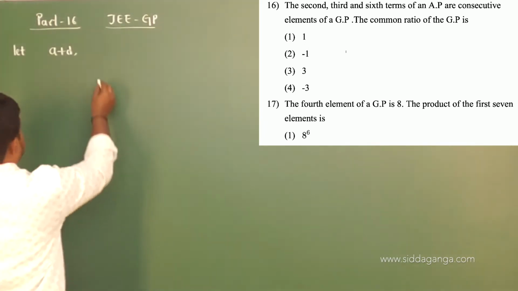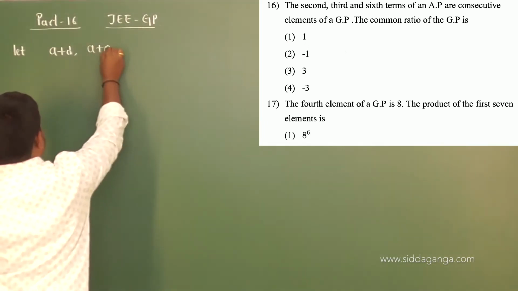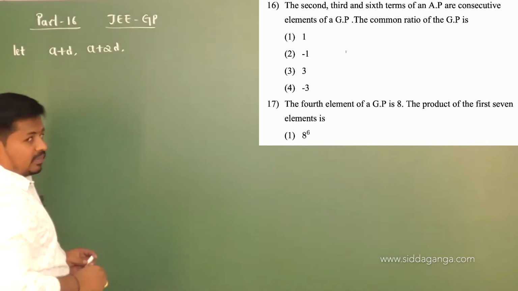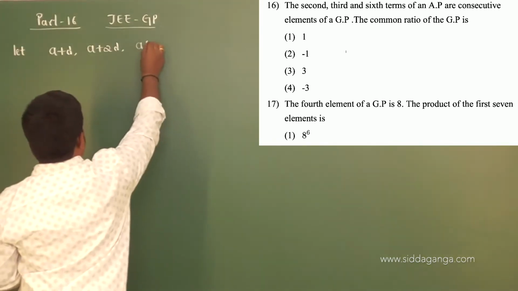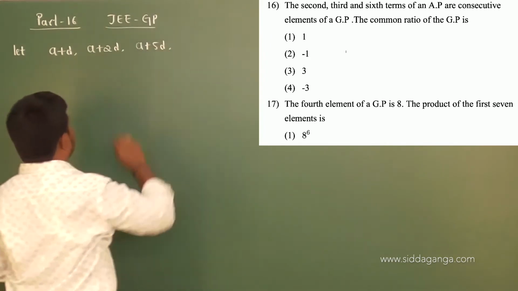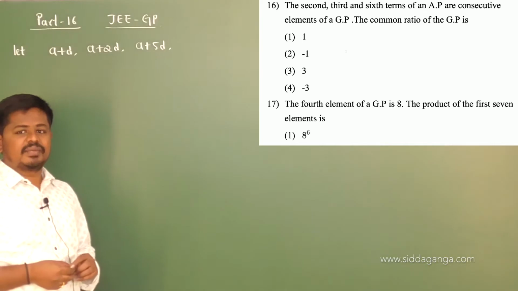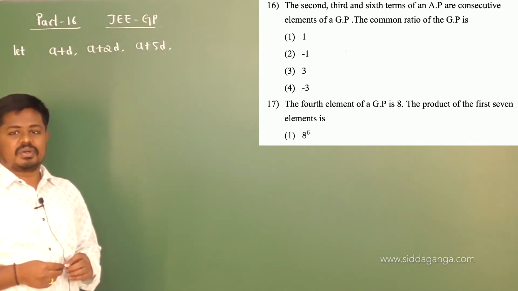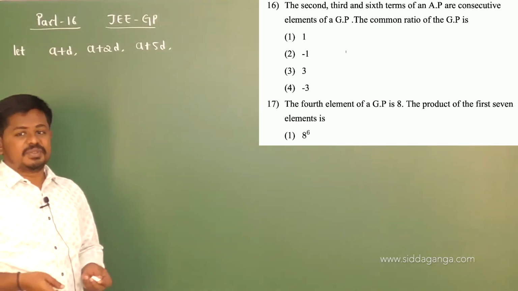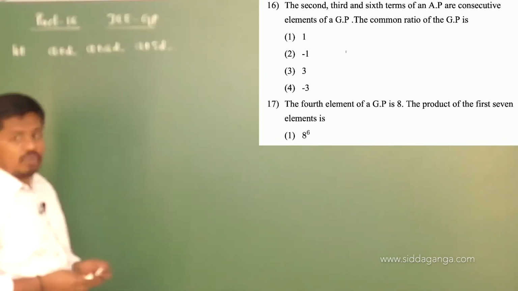The third term as A plus 2D, and the sixth term as A plus 5D. These are the terms of an AP, and they have given that these terms are the consecutive elements of a GP, hope you got it.